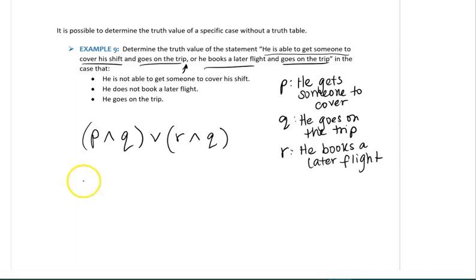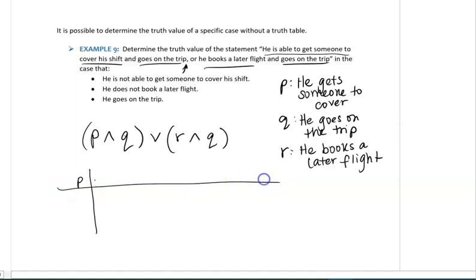So now what we can do is we can either make a truth table, but just make the row that we need. So in other words, when we make our P, our Q, and our R row, we just need to consult this specific case. So he is not able to get someone to cover his shift. That means that P is false in this case, because the way that I have P set up is that he is able to get someone to cover.